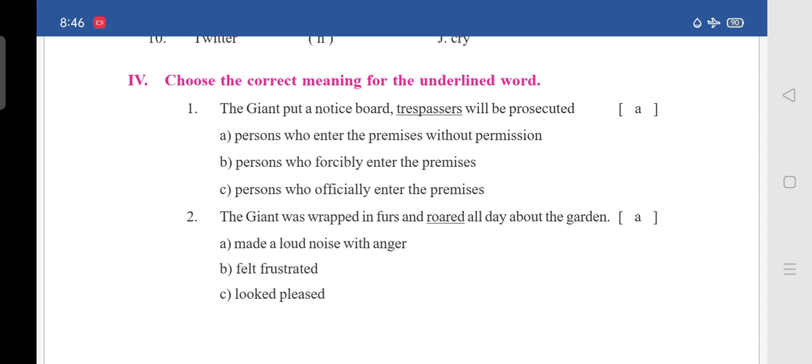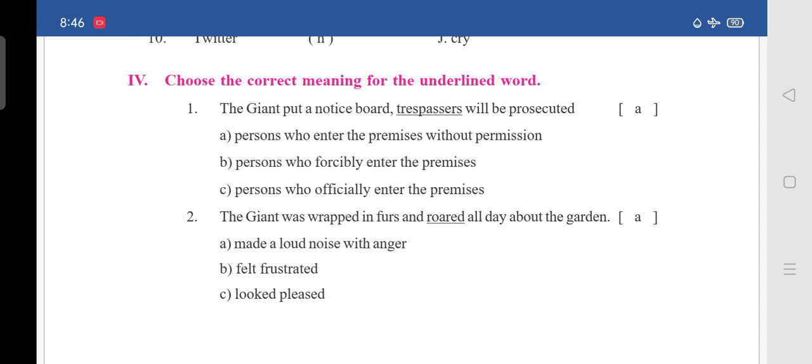So what they are asking is, they have given us some options here. So they are asking us to find the correct meaning of the underlined word from the sentences. So we will see the first one. The Giant put a notice board, trespassers will be prosecuted.